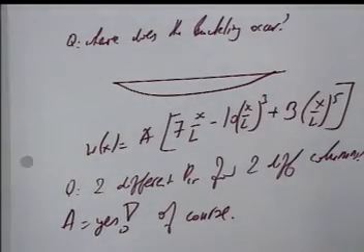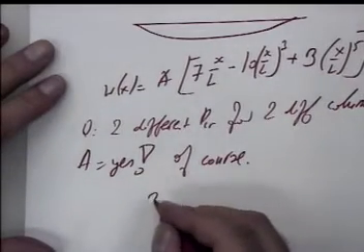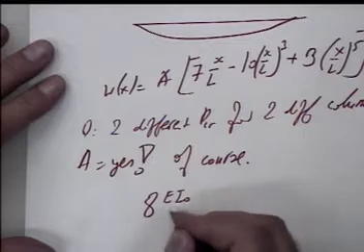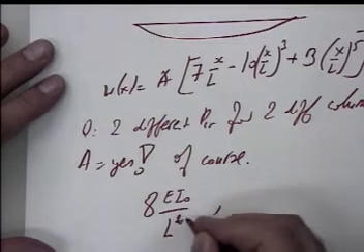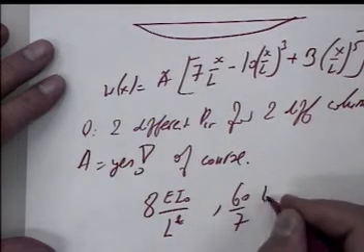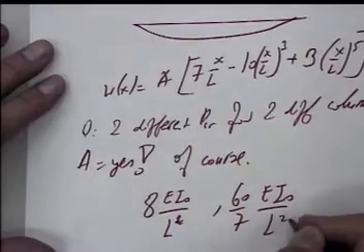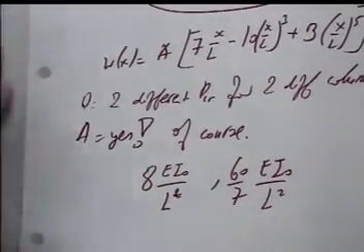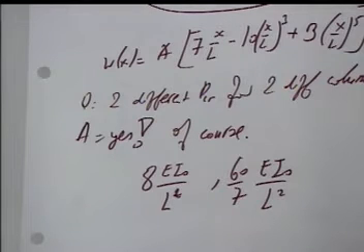One is 60 over 7, and the other is 8 EI 0 over L square. So one is 8 EI 0 over L square. The other is 60 over 7 EI 0 over L square. It's two different problems I solved. Naturally, two different problems have two different answers.